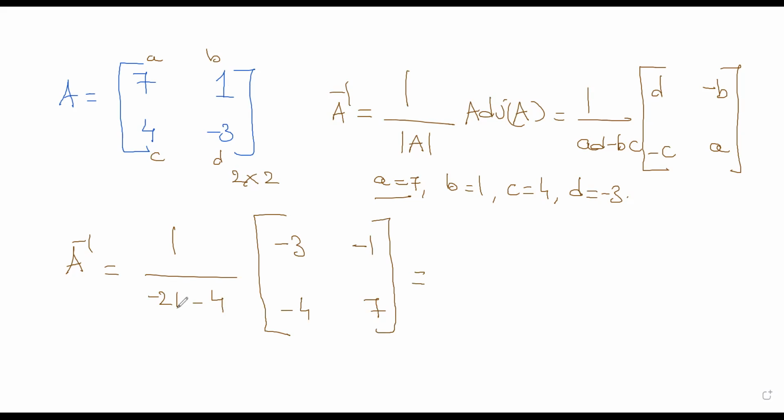This is straightforward. So this is minus 1 by 25 times minus 3, minus 1, minus 4, 7. You just multiply inside and give the answer.